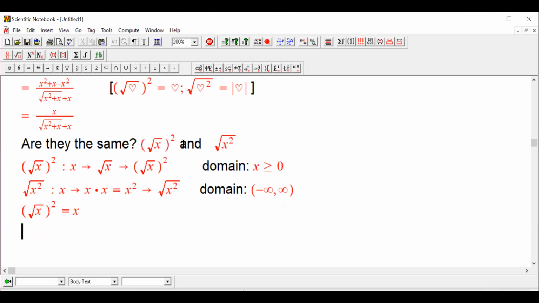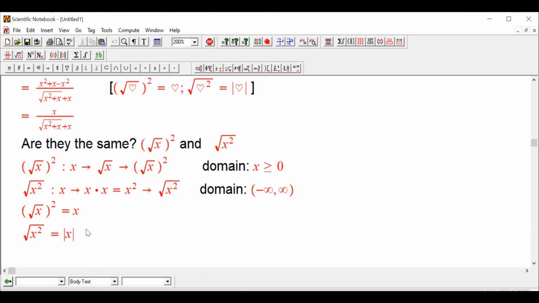And the latter one, as we talked about before, go back to the first week where we addressed these issues, because x can be any real number, the answer is going to be the absolute value of x. So that's the difference. That order makes a big difference.